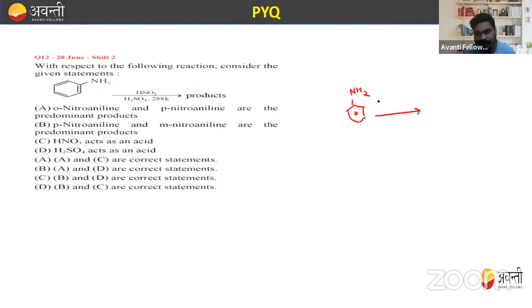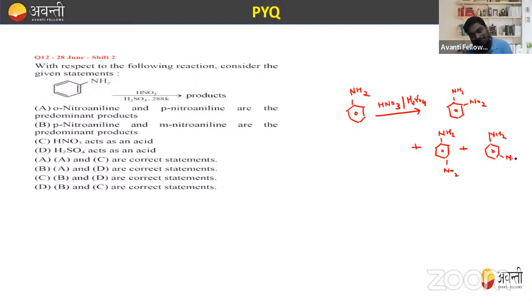Let me write the reaction for this. When this aniline is treated with HNO3 and H2SO4, then the formation of ortho substituted, para substituted, as well as meta substituted products takes place. And to your surprise, the ortho will form only 2%, the para will form 51%, right?